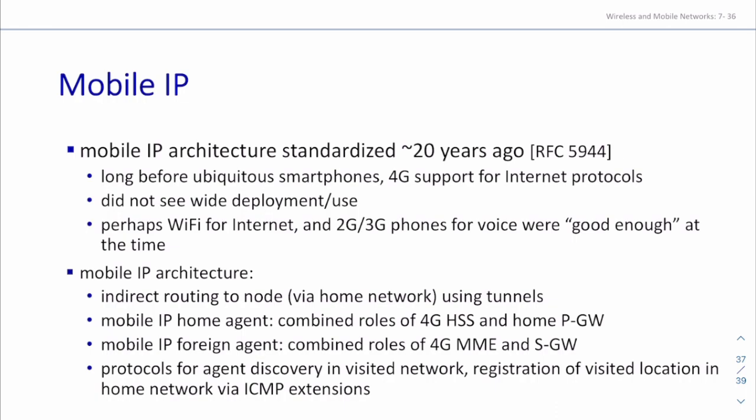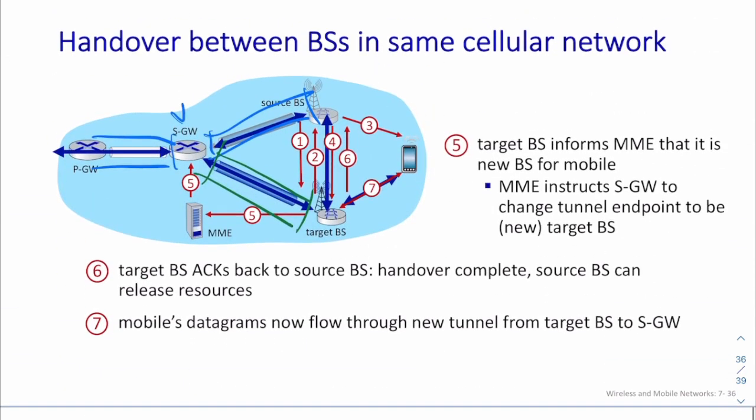After you get a new IP, you simply set up a new socket. That's good enough. So currently, only in the cellular network can we do such handover and still have your application work properly.